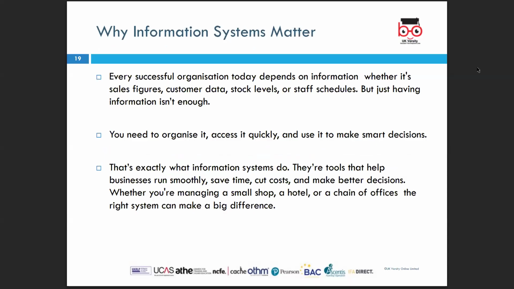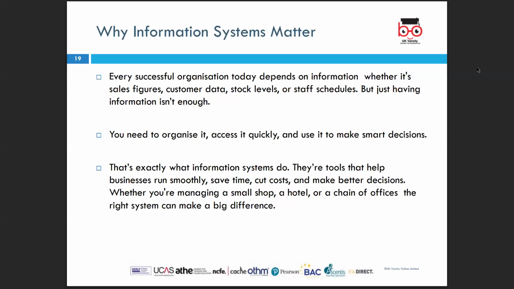So why does this information system matter? We now know that for a successful organization today, success really depends on our information, whether it's sales figures, customer data, stock levels, or staff schedules.